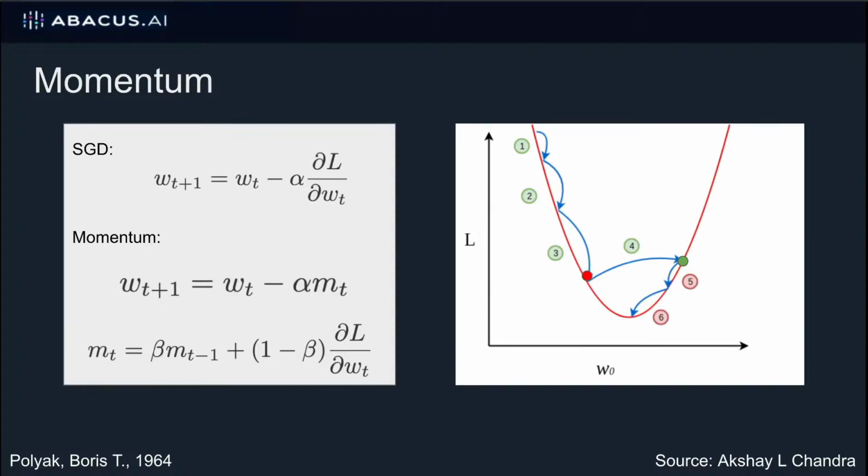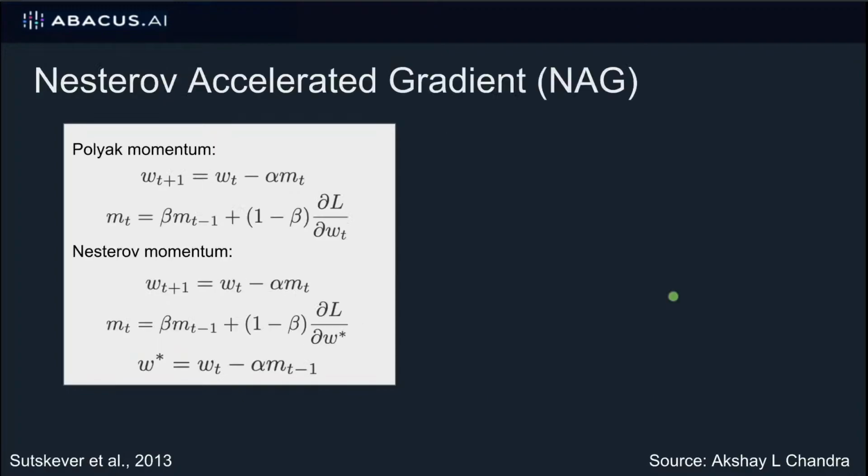It would be great if the ball gets smarter by having a notion of where it's going so that it knows when to slow down. The Nesterov accelerated gradient, or NAG in short, was proposed to offer such foreknowledge of the optimization landscape.